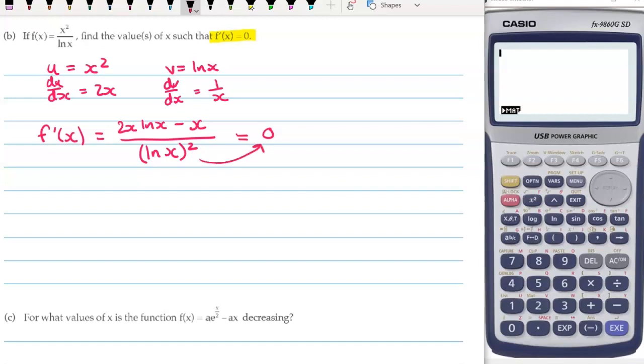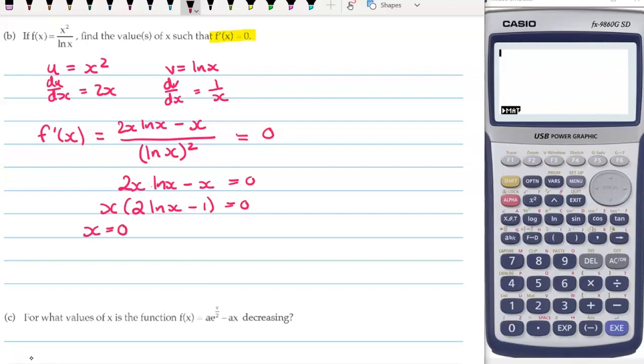Now if we bring the natural log x squared up and times by 0, we're just going to end up with 2x log x minus x is equal to 0. Now let's take out a factor of x. We'll have 2 log x minus 1 equals 0. Now this would give us x equals 0 here.